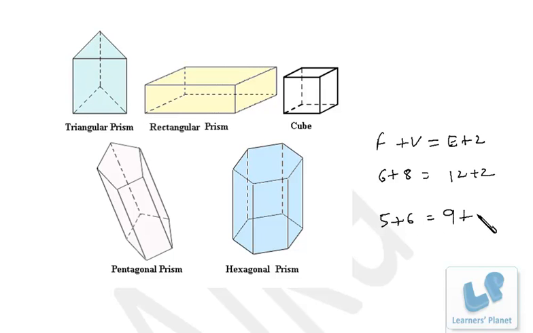So that is 9 plus 2. So 5 and 6, 11, and 9 plus 2, 11, right? So this formula is useful for finding out the third thing, the unknown quantity among faces, vertices and edges, okay?